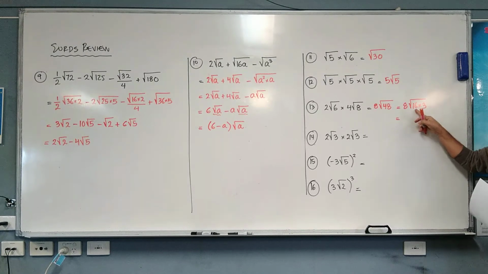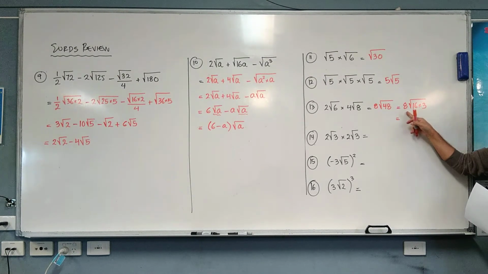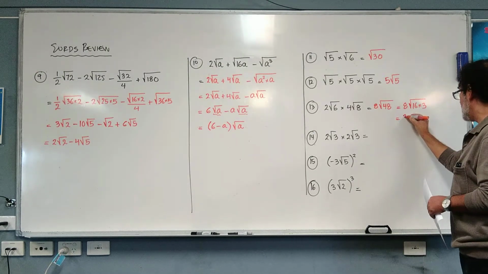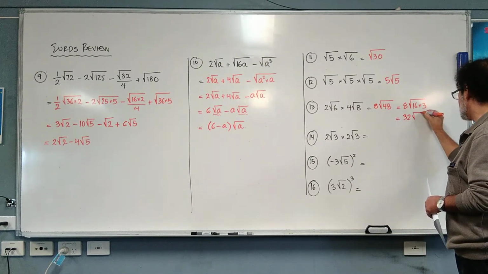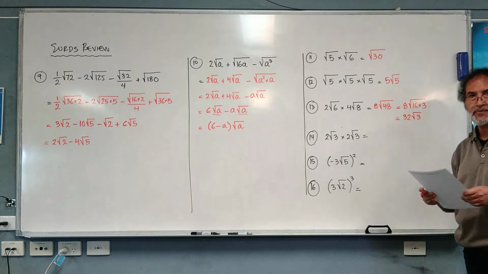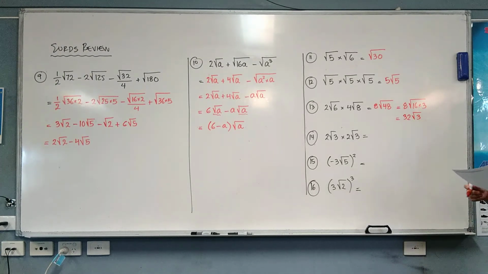Alright, and then we multiply. The square root of 16 is 4. 4 times 8 is 32. So the answer is going to be 32 square root of 3. That's it. This is the easiest part that we did for this topic.